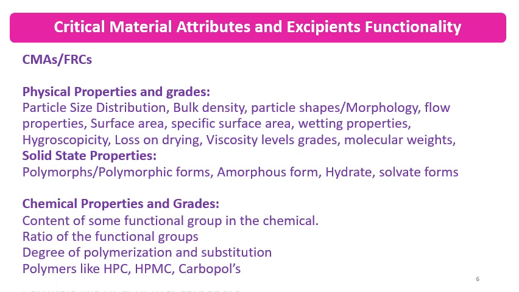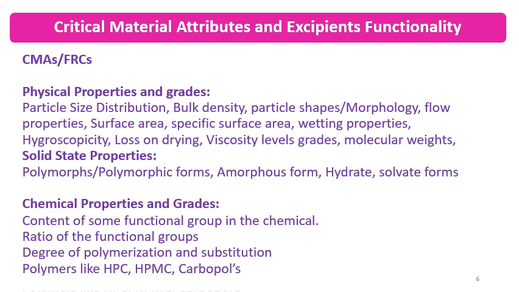If you ask the supplier how these grades differ from each other, the supplier will tell you that the difference in grade is because of particle size, surface area, viscosity or molecular weight. So these differences in grades are based on the CMAs, and you can also call them the functionality related characteristics.